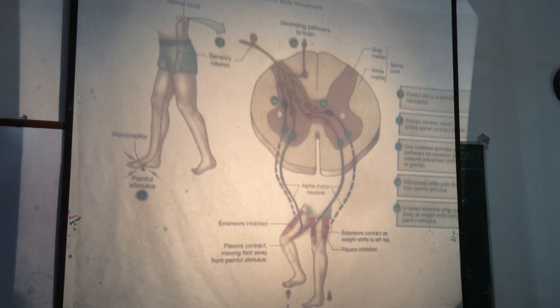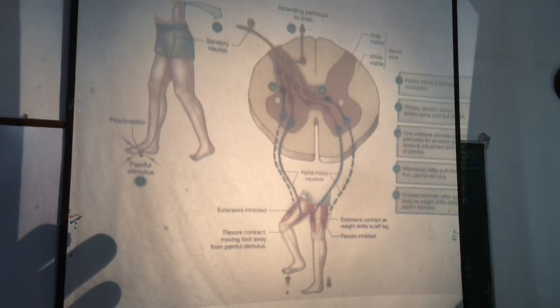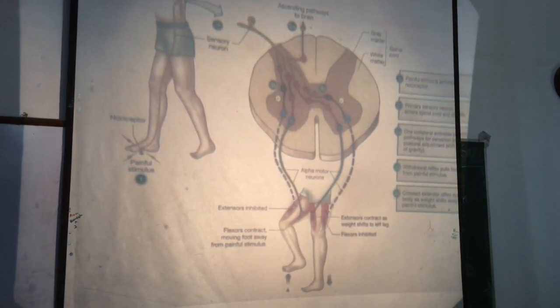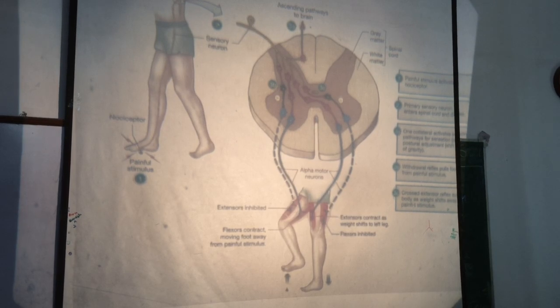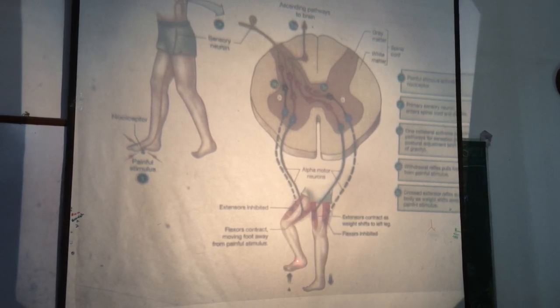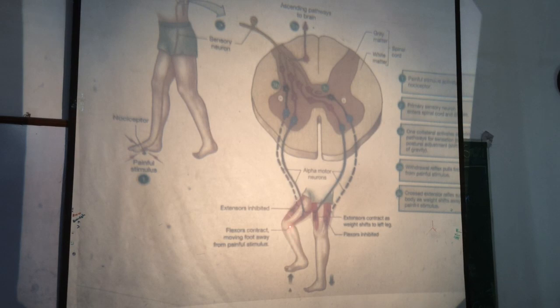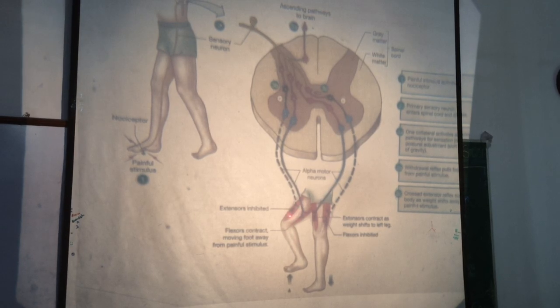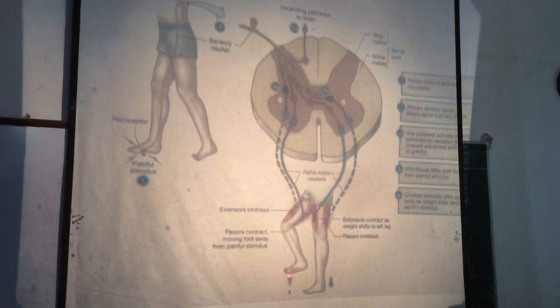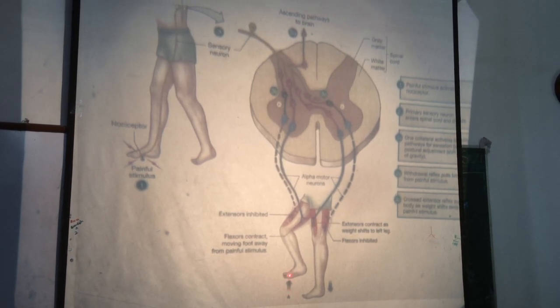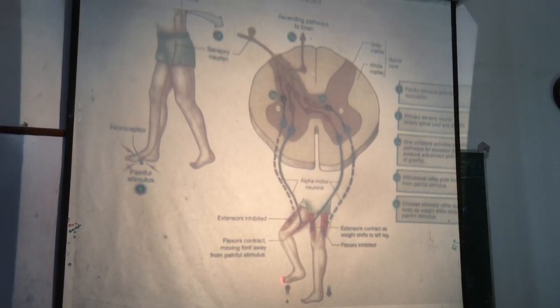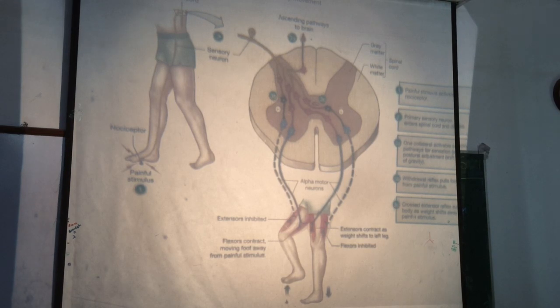Now I come to the same example, that the foot touches a painful object and the foot and leg are flexed and withdrawn. Let us say the right foot of the man touches the painful object.